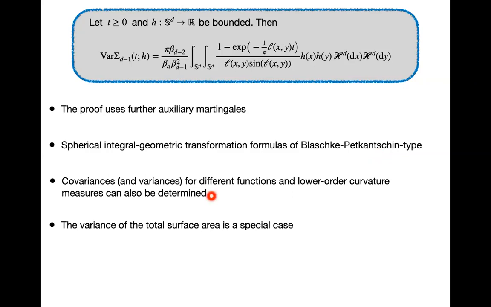With the same approach, you can also do covariances or variances of lower order curvature measures, but then results become more complicated. And as a special case, of course, you can obtain the variance of the total surface area by just plugging in h equal to 1 and then renormalizing.